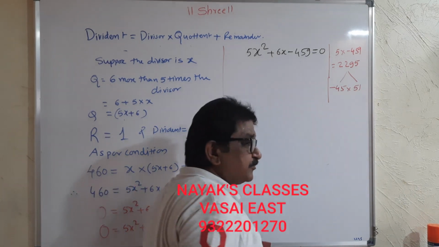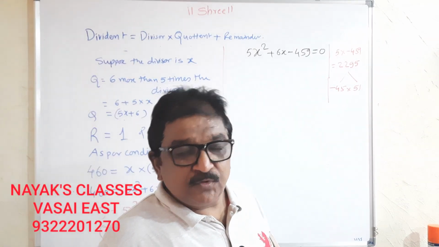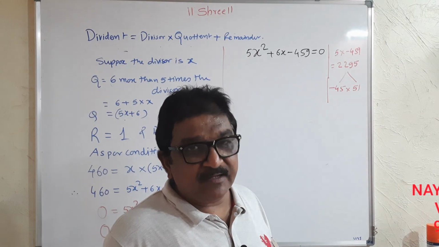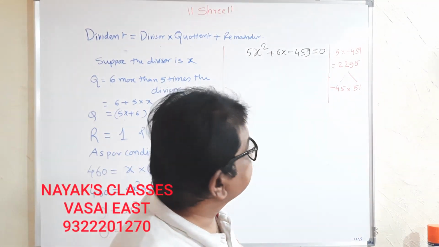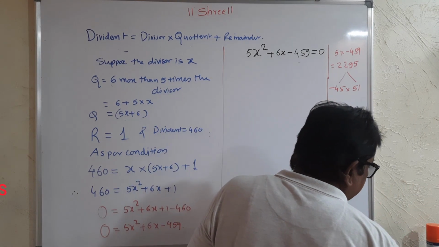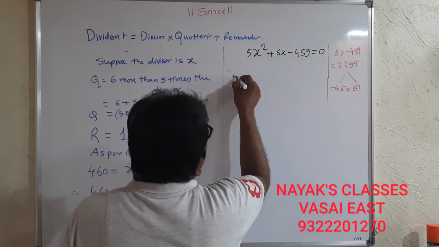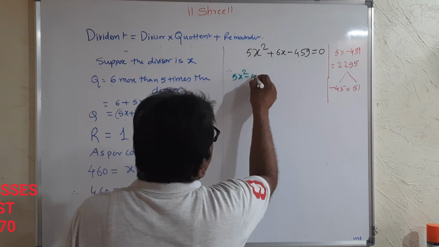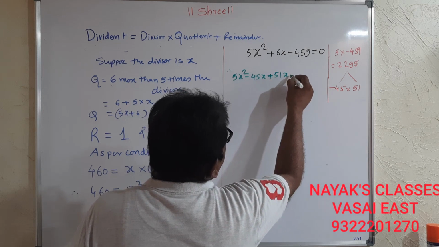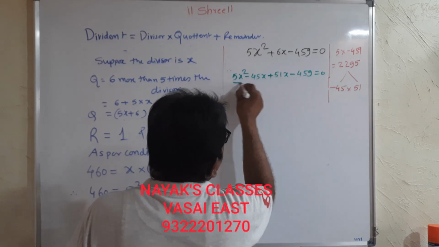I told you these things will come only by practice. You must know how to split the term and get the same numbers which are required there. You cannot use any numbers. So we are solving this and we get: 5x square minus 45x plus 51x minus 459 is equal to 0.